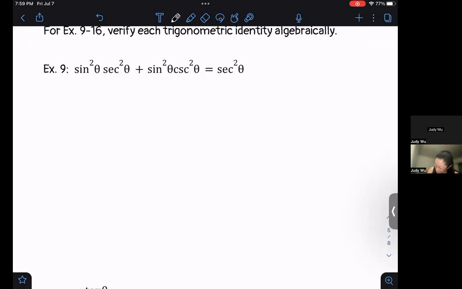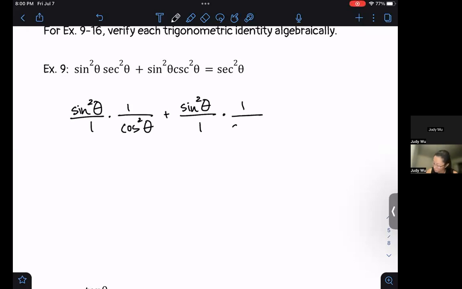All right. So I've got sine squared theta over 1 times, let's see, secant is 1 over cosine squared theta plus sine squared theta over 1 times cosecant is 1 over sine squared theta equals, write that other side.